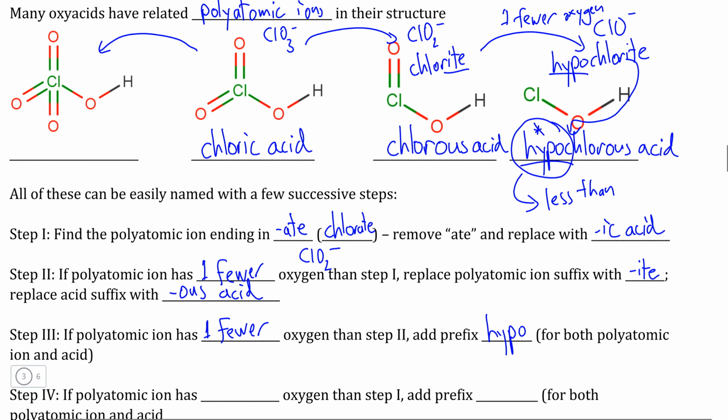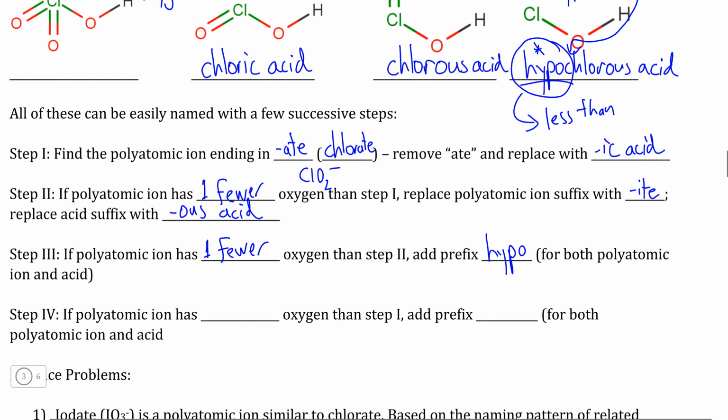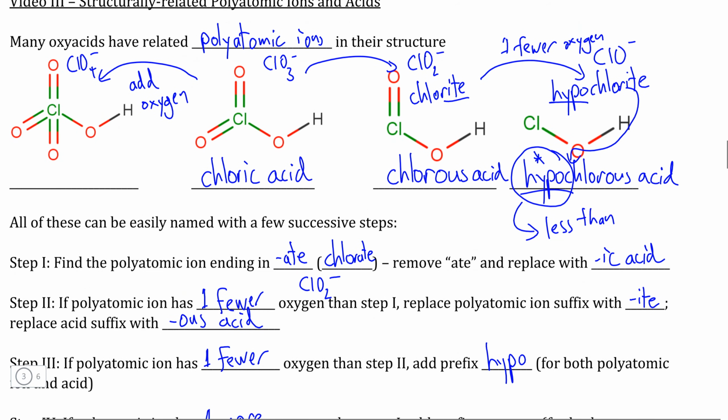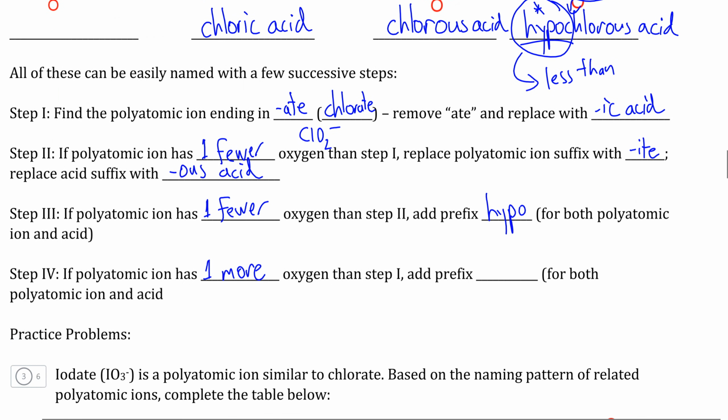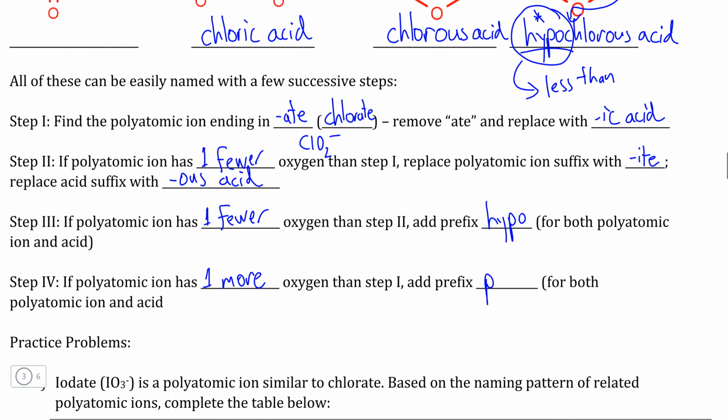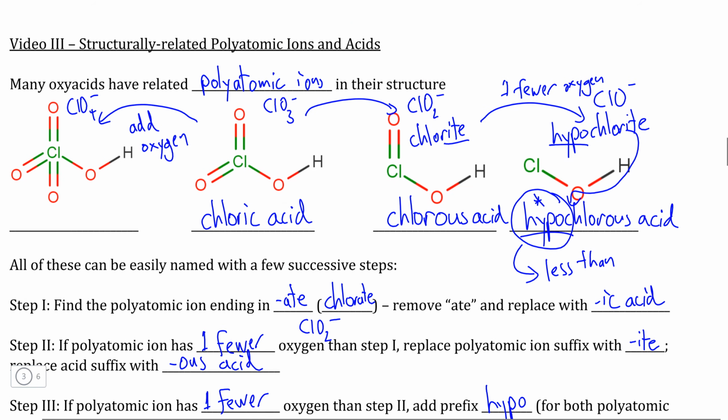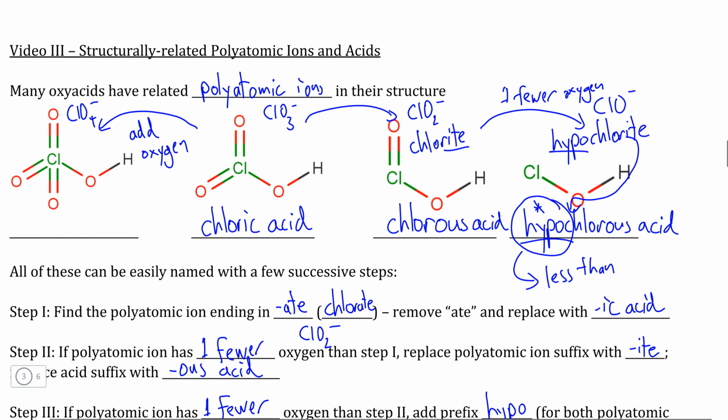So if we start with chloric acid, and if we go to this polyatomic ion here, we will see that it has the chemical formula ClO4-, meaning that we have actually added an oxygen in order to get to this point. So if our polyatomic ion actually has one more oxygen atom than the starting point, than chloric acid, we can add the prefix per in order to indicate that we have added an oxygen.